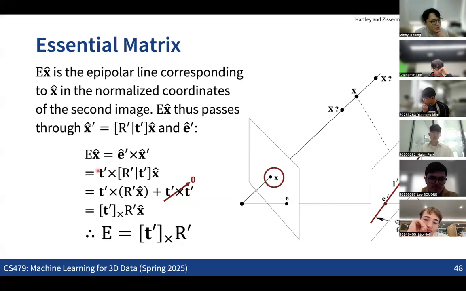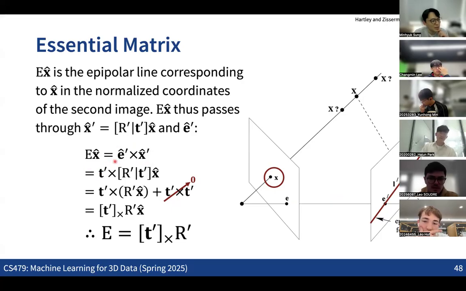So again, we have two ways to represent the epipolar line for any arbitrary point here. One is multiplying the essential matrix by the point. The other is taking the projection of the point, which means multiplying by the extrinsic parameters, and taking the cross product with the epipole, which by definition should be the line connecting these two points.